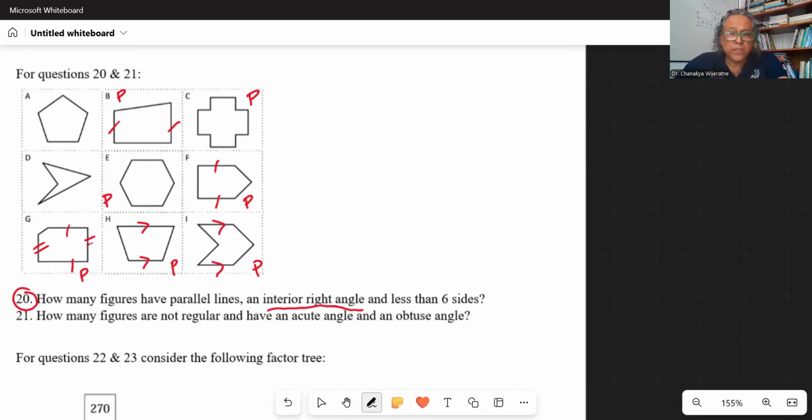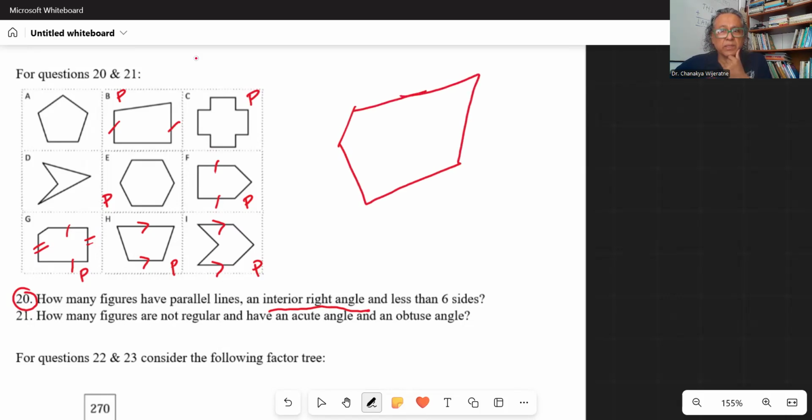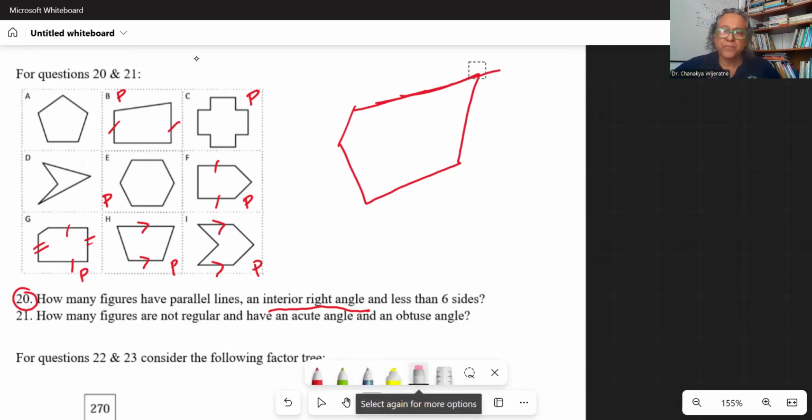Right. Interior right angle. What are right angles? Interior means inside the figure. So let me draw a figure, some weird figure. I mean, this is not that weird, I can make it weirder. But I'm just trying to tell you what interior angles are. So these are all interior angles.